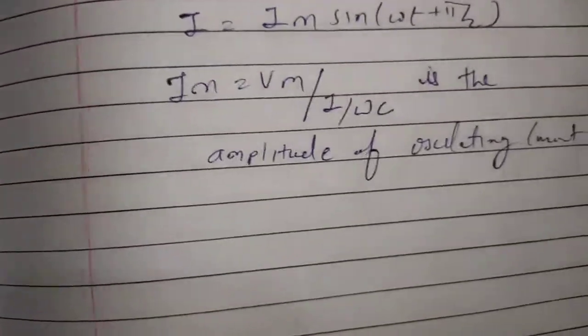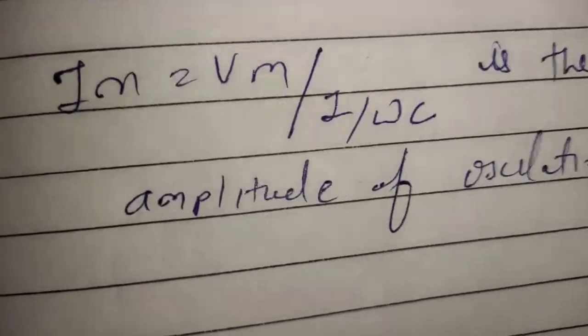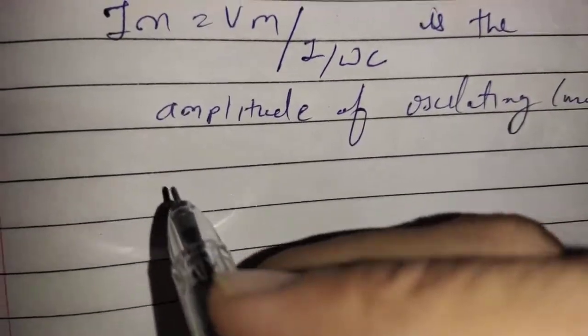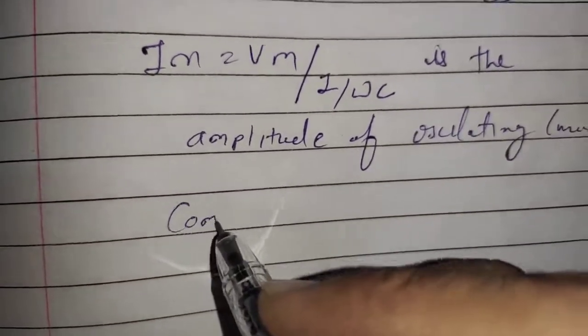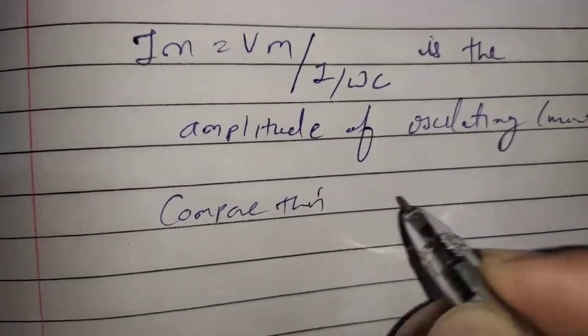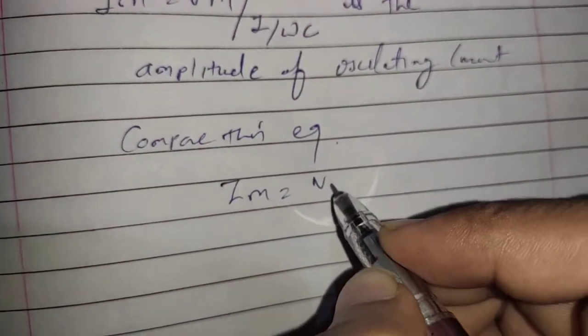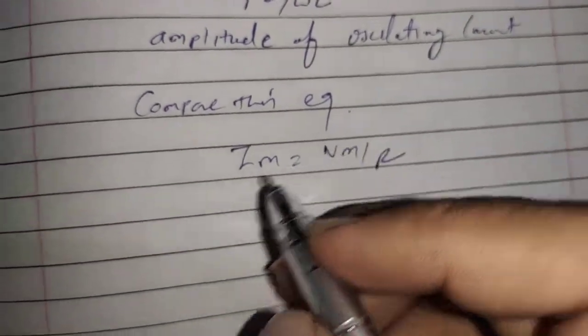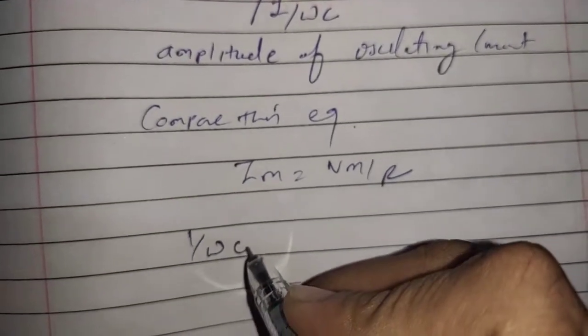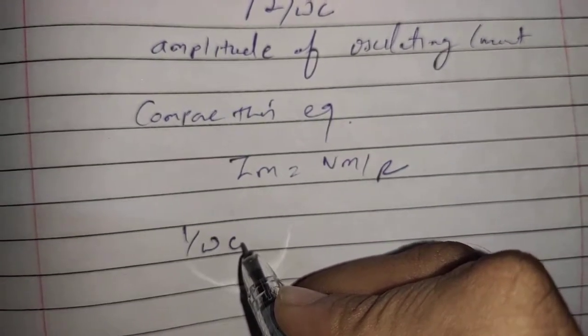Comparing this equation, Im is equal to Vm upon R. 1 upon omega C plays the role of resistance.